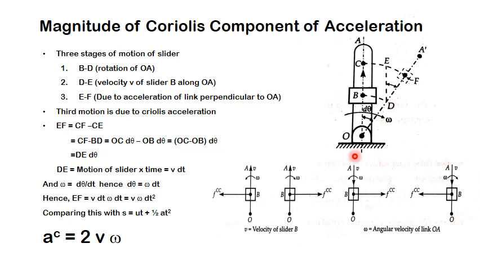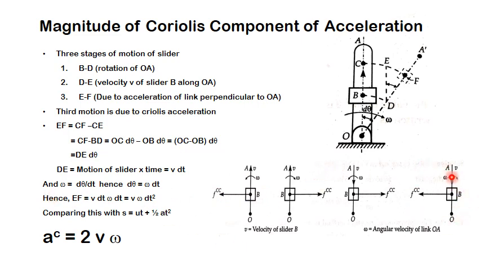Now, these are the sign conventions which are used for Coriolis component of acceleration. Just see here, all signs are in positive directions. I mean, the slider is moving in positive y direction and counterclockwise direction of the link OA is also positive. Then the Coriolis component acts in negative x direction.